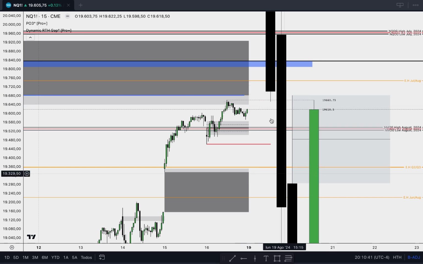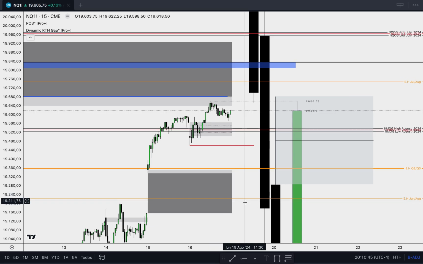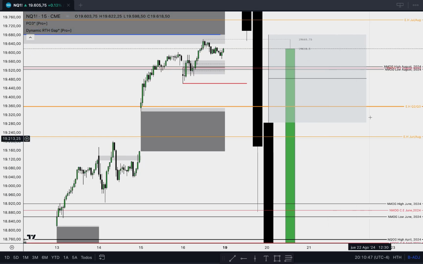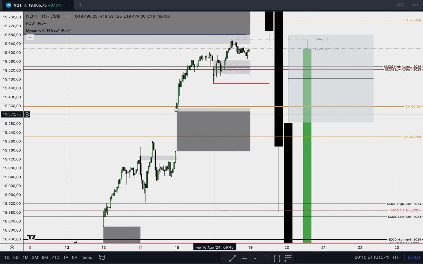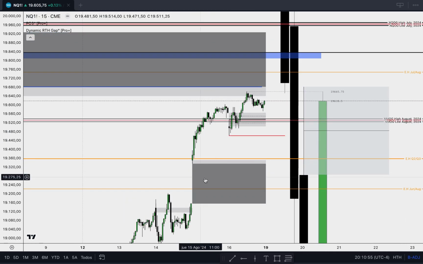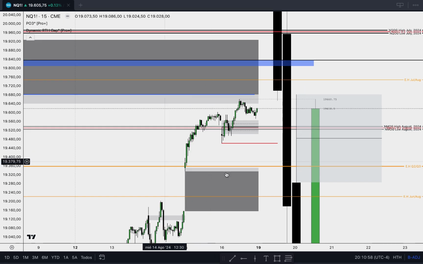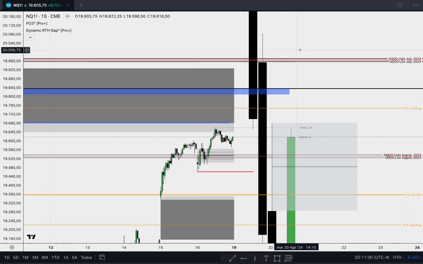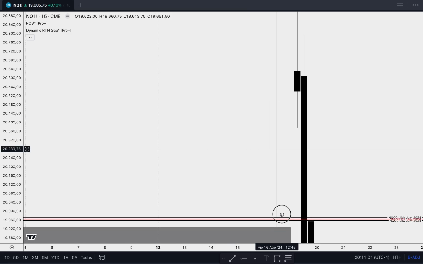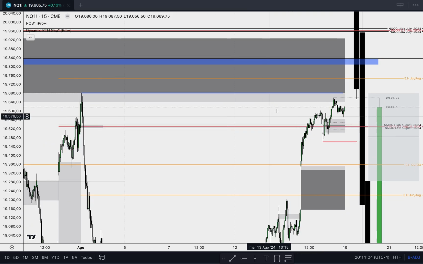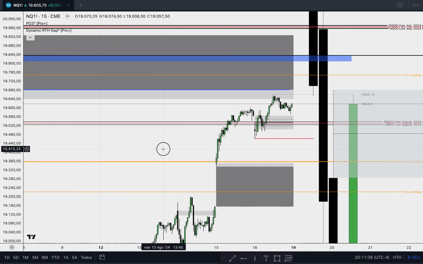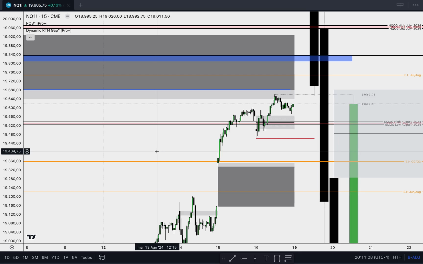And then from here, around these levels, we can look for a continuation, using this event horizon and this gap that is still open, and look if we can find a support around here or around here, and then continue to move higher to take the all-time highs again. But let's see what price does on Monday and the next week.